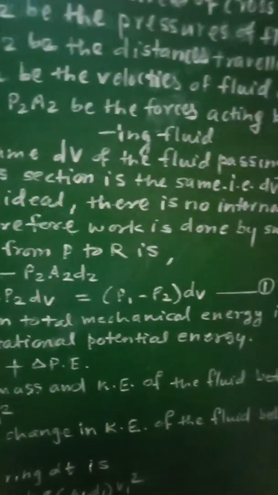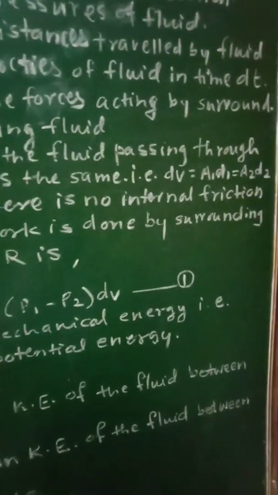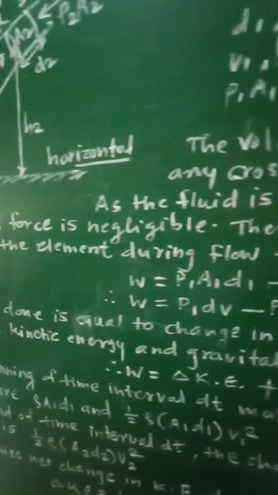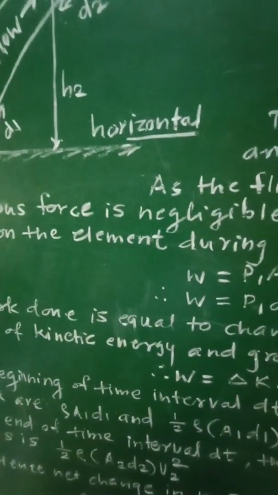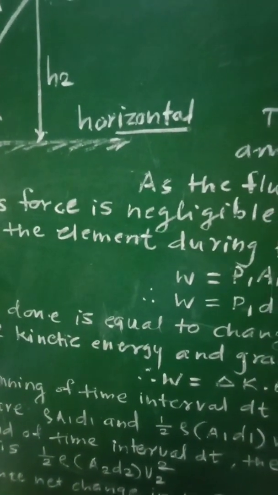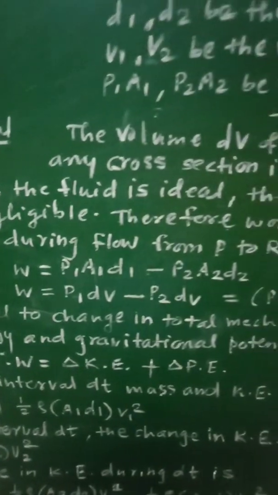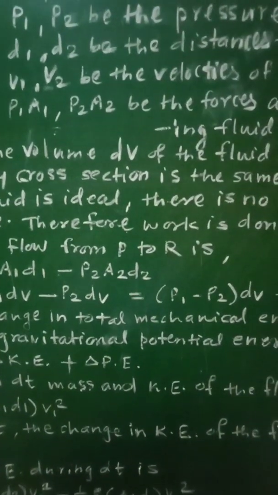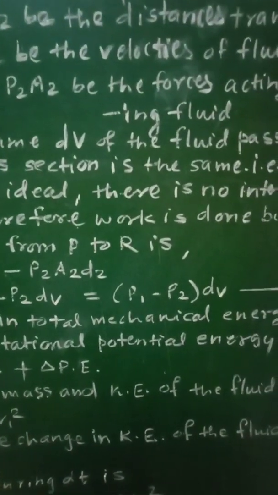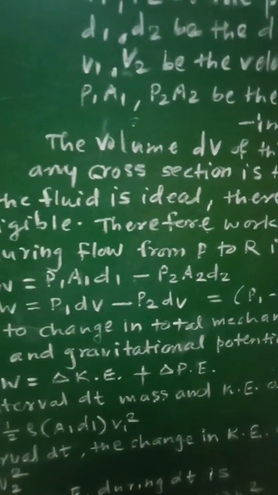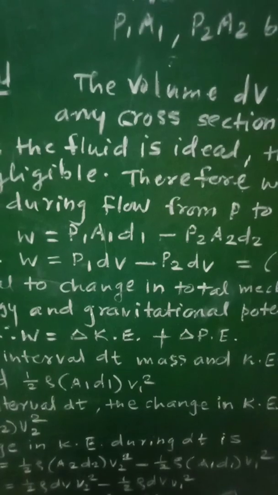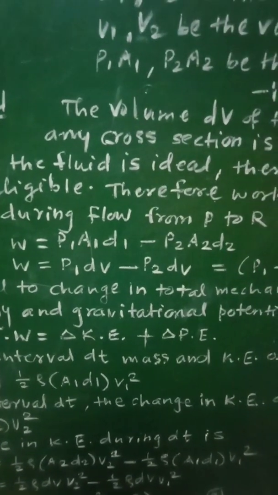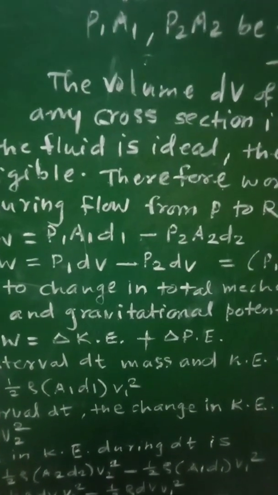Therefore work is done by the surrounding pressure on the element of that fluid during the flow from lower end P to the upper end R, and that work done dW or W will be equal to P1 A1 D1 minus P2 A2 D2.